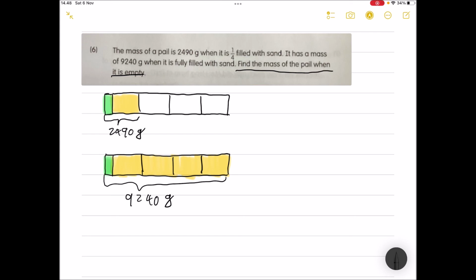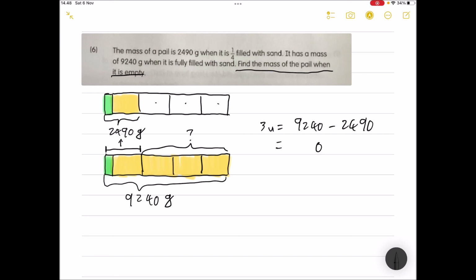Now the question is, what can we find from here? We can find the 3 units. Remember that from this to the first sand is 2,490. So I can find these 3 units. 3 units equals 9,240 minus 2,490.